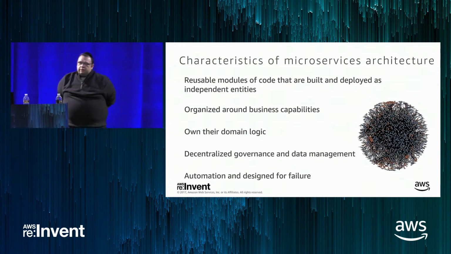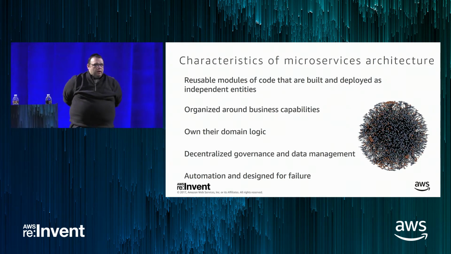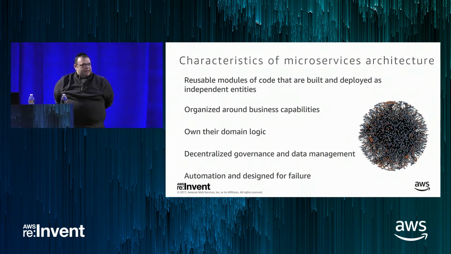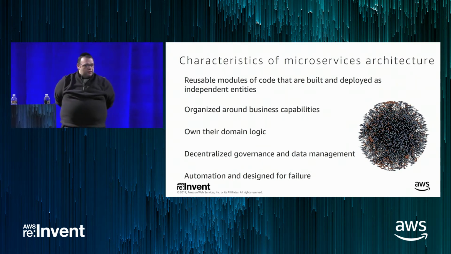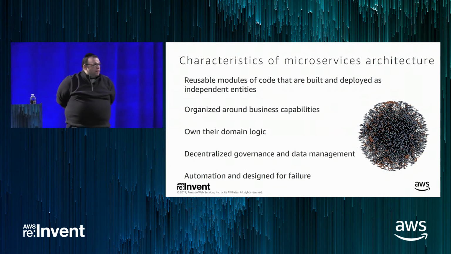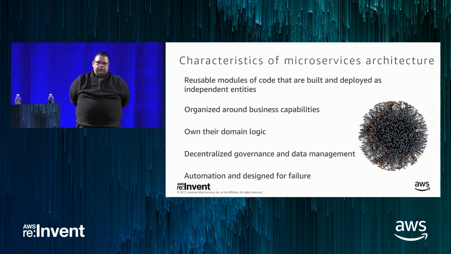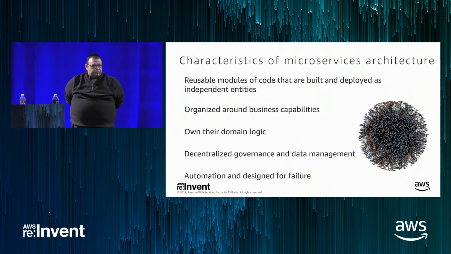So for most customers, a journey to the cloud is also a journey to microservices. Although there may not be a precise definition of what a microservice is, there are some very common characteristics. For example, microservices typically have reusable modules that are built and deployed independently. Microservices typically communicate with each other through an API interface.